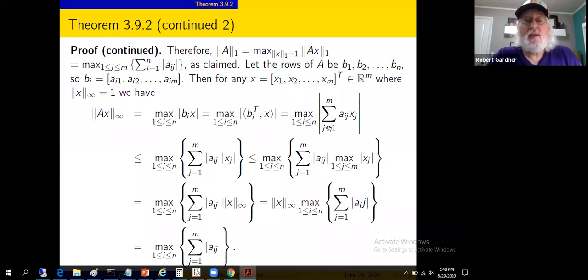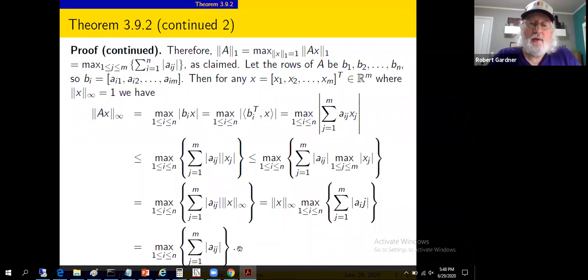We'll sum over, say, J, the second subscript on the A's and the only subscript on the X's, so we get the correspondence. So we get a sum from 1 to M of A sub ij times X sub j, summing over J. We had an absolute value along for the ride, the L infinity norm gave us that. We had this maximum come along for the ride as well. So we've got the maximum of the absolute value of this sum.